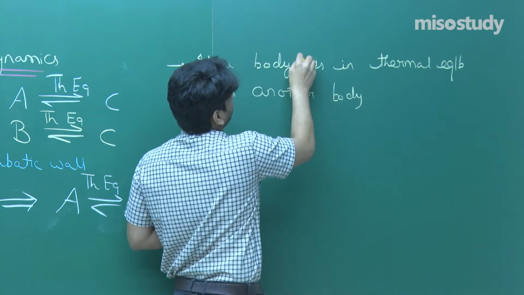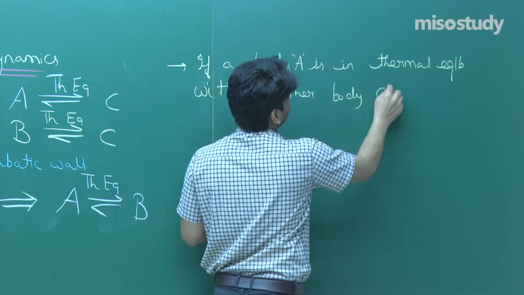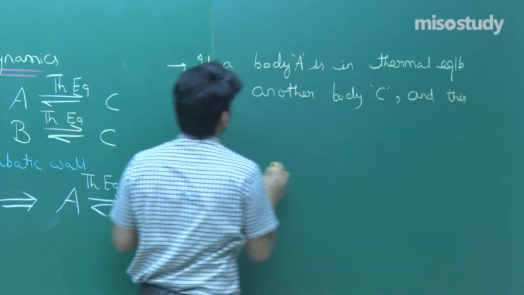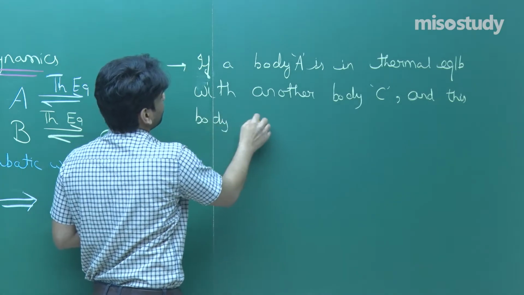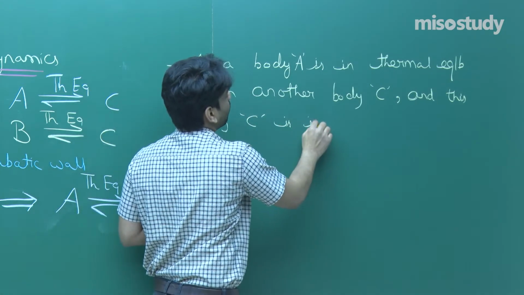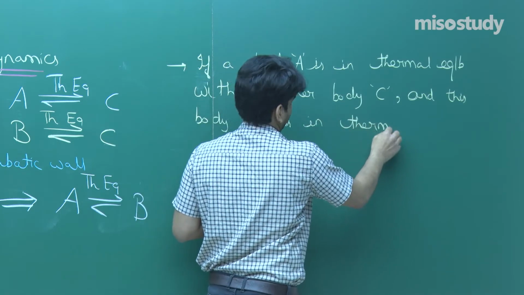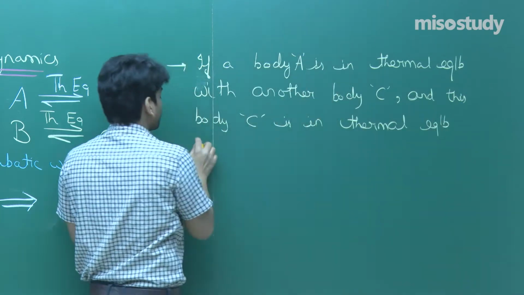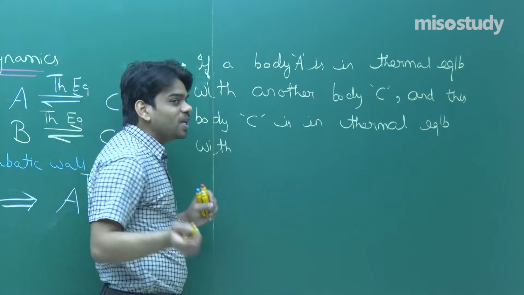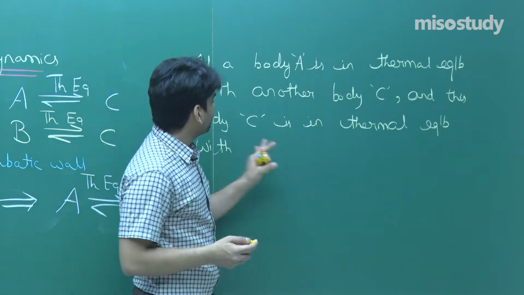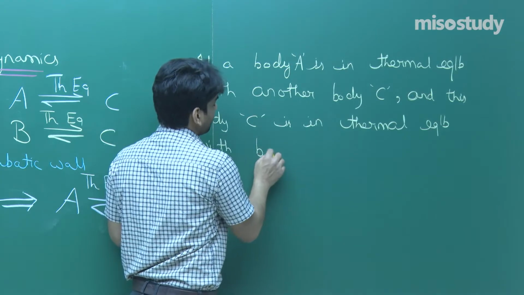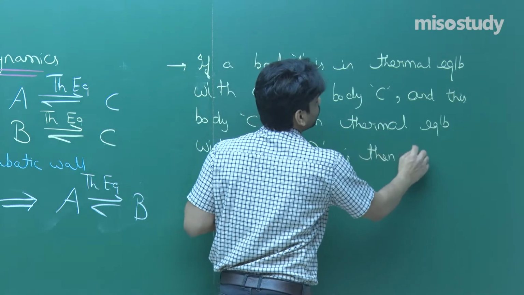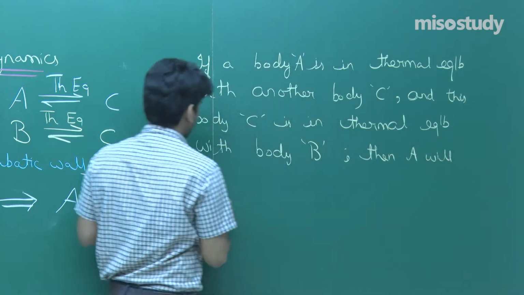Let's say if a body A is in thermal equilibrium with another body C, and this body C is in thermal equilibrium with body B, then zeroth law says that A and B will also be in thermal equilibrium with each other.